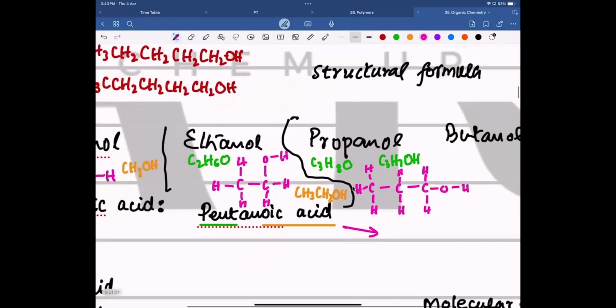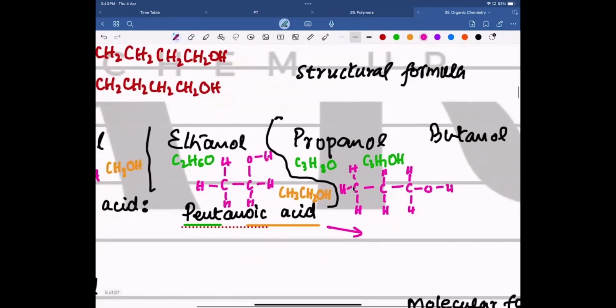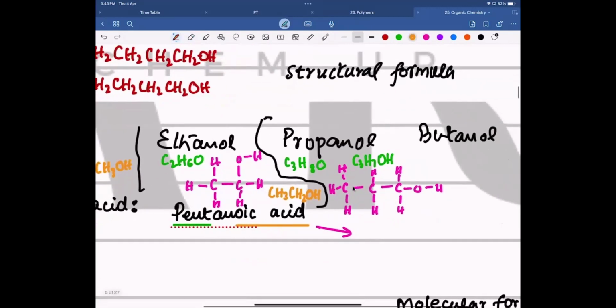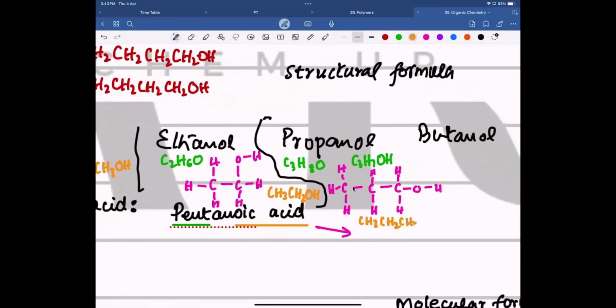If I write the skeletal formula, structural formula of this one, it would be CH3CH2CH2OH.